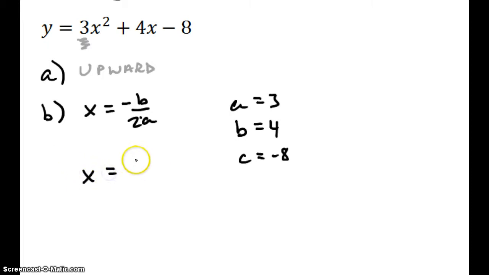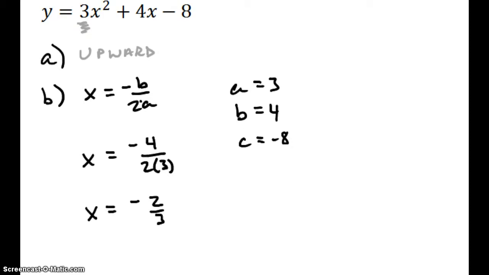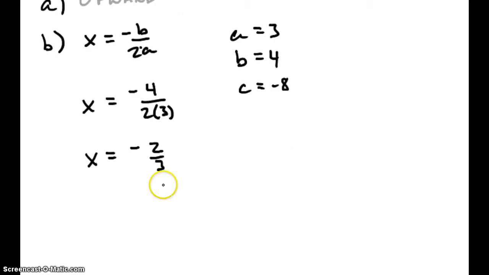X is equal to negative 4 over 2 times 3. So this gives me that x is equal to negative 2/3. Now, this is the x coordinate.